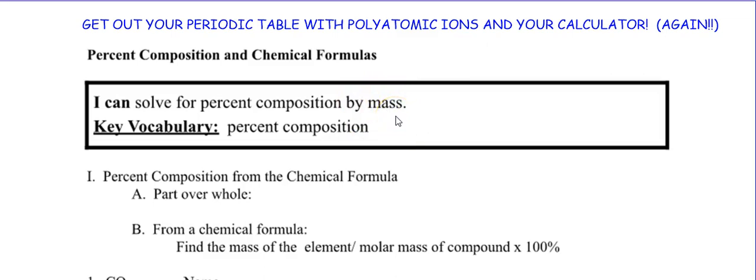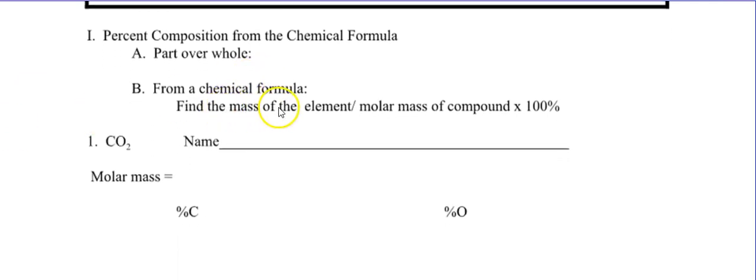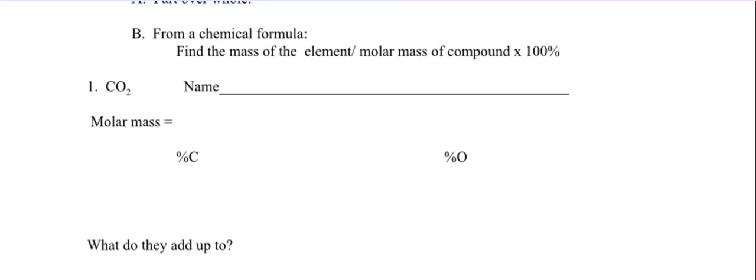So we're going to take the mass of the element we're looking for divided by the mass of the whole. Of the whole what? Of the whole compound. So you need to find its molar mass. So you're going to find the mass of the element divided by the molar mass of the entire compound, and then don't forget, multiply it by 100%.